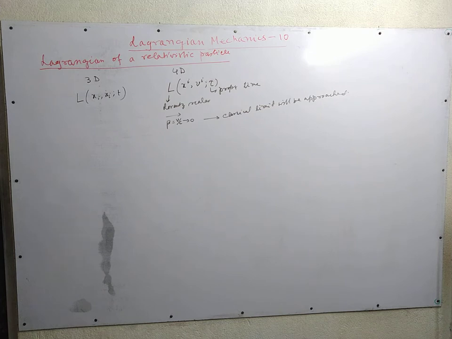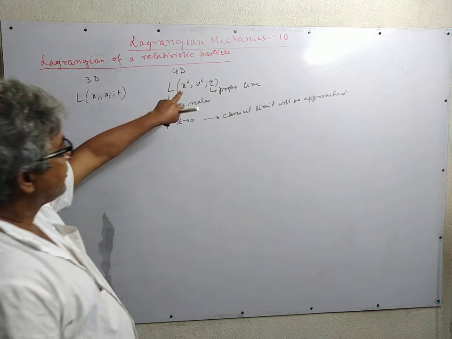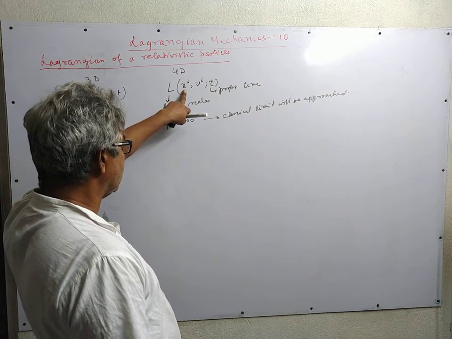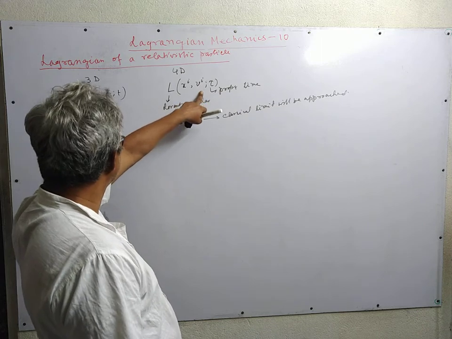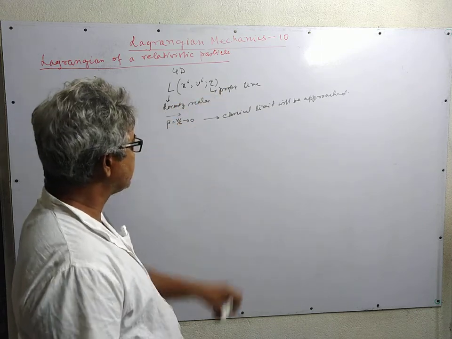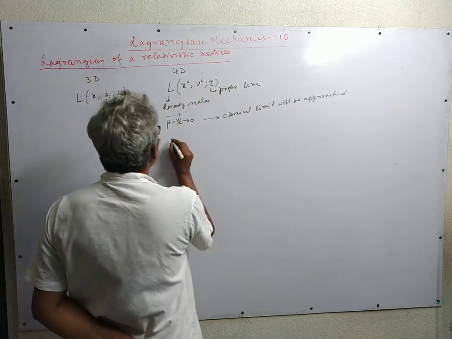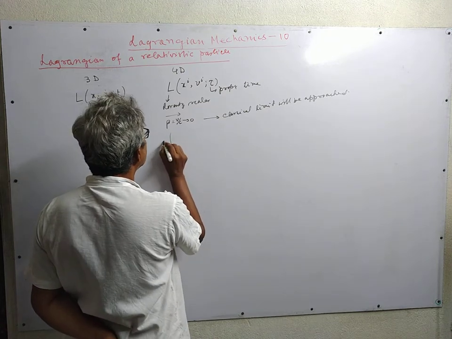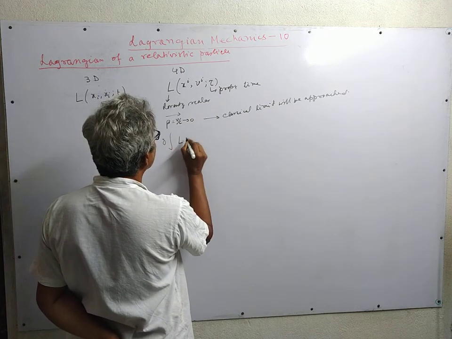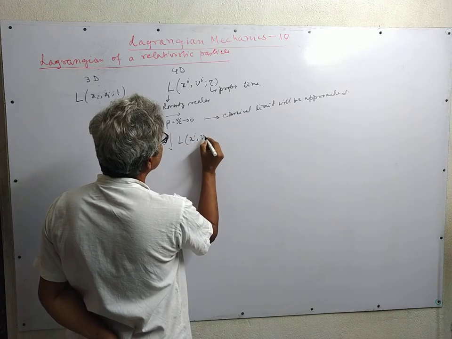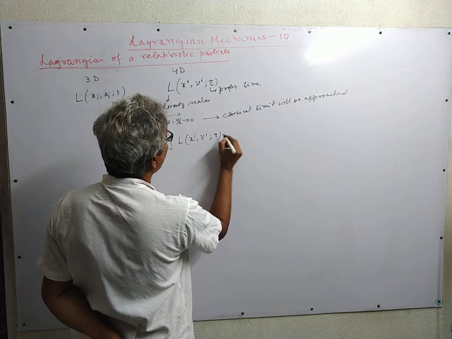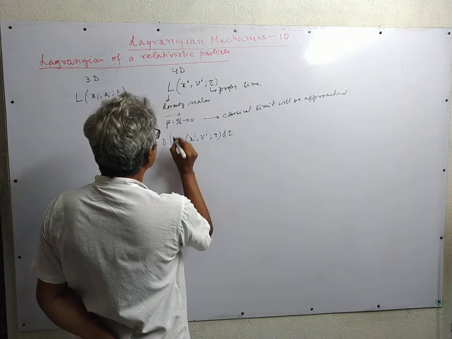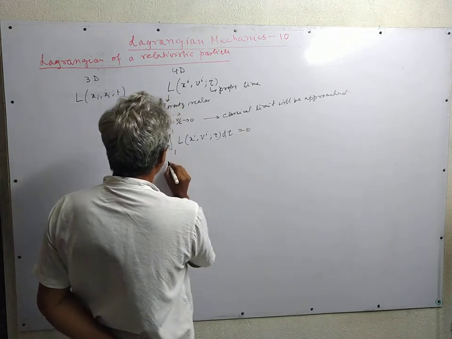So we say that whenever we use the four-dimensional Minkowski space, for the position coordinates we use xi, for the velocity components vi, and time is the proper time, so that Hamilton's principle in this case looks like the integral of L of xi, vi, tau over tau, delta of this is 0.